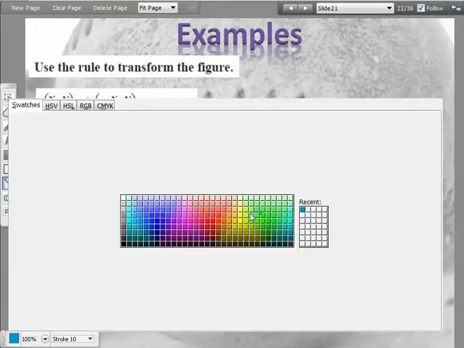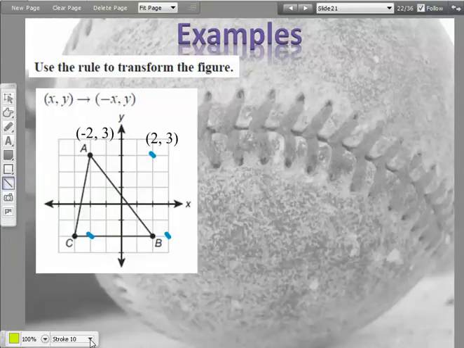Let me come up here. I'm going to change my line here a little bit. So it said use the rule to transform the figure, and what they should have said is what kind of transformation is it? Well, if you look, it looks like it's being reflected over the x-axis.